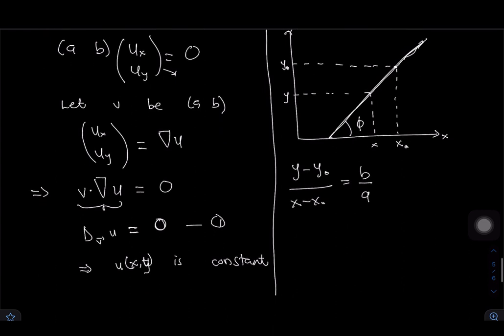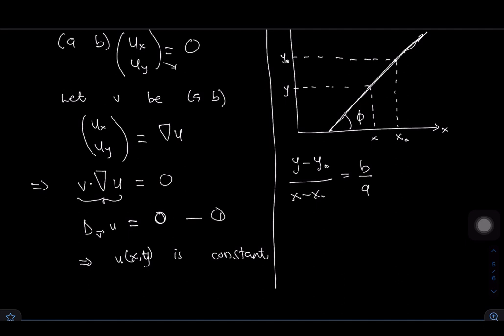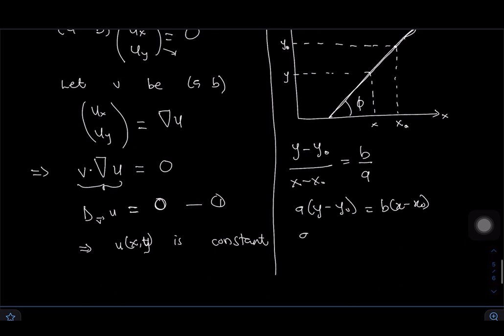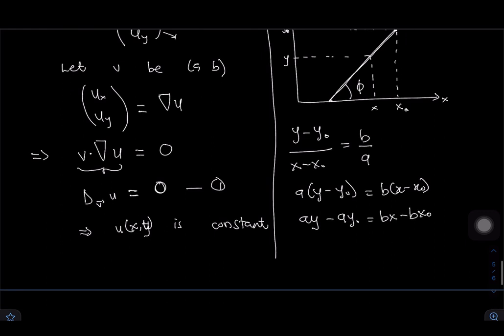If that is the case, we then have a times (y minus y0) being equal to b times (x minus x0). And then we have ay minus a y0 being equal to bx minus b x0. And then we consider ay minus bx being equal to a y0 minus b x0.